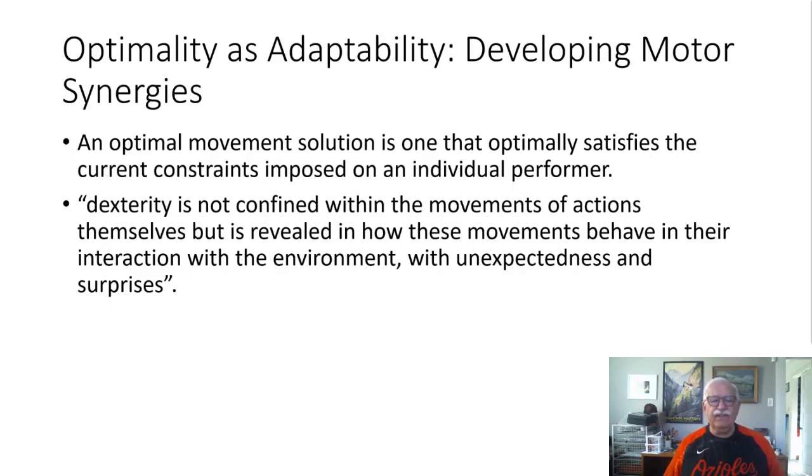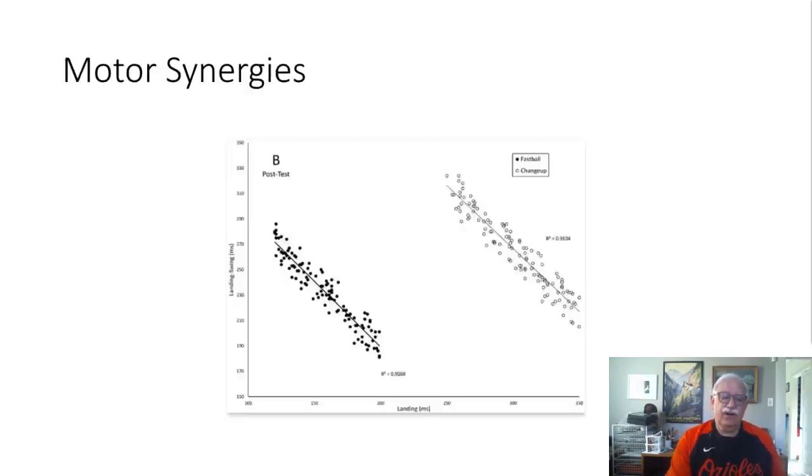So we can think of dexterity as not just having good hands or being gentle when the situation calls for it and powerful when the situation calls for it, but it means all of these things to appropriately respond to the demands of the environment, whether they're expected or unexpected, so that we're not surprised.